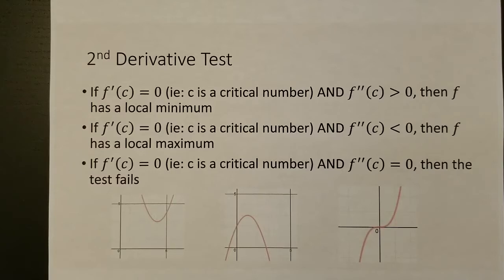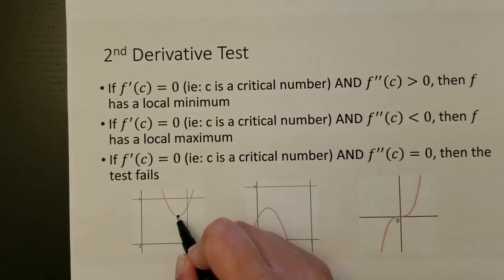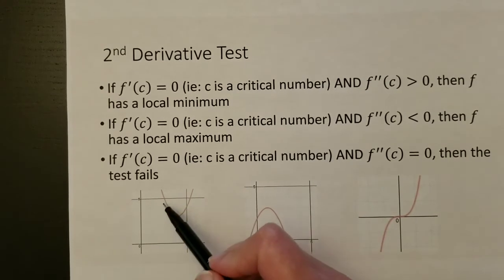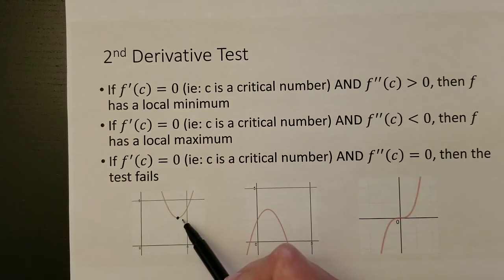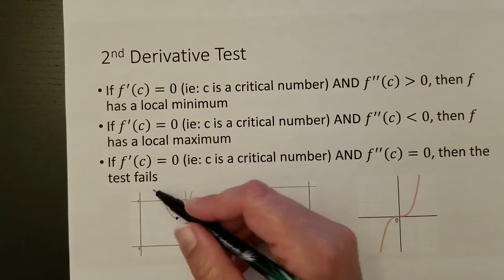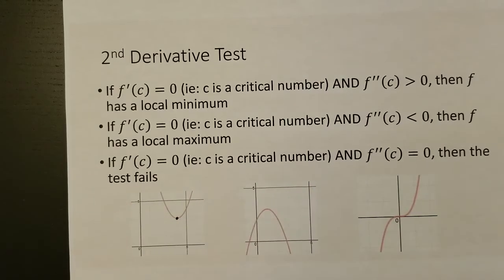So if you find a critical number, and we've been testing the table to look at does it go from increasing to decreasing, you can also say if this is a critical number, and it's concave up, then a concave up with a first derivative of 0 means that has to be a minimum, because if your first derivative is 0, the function is all above the tangent line where it's concave up, so that would have to meet it at a minimum.